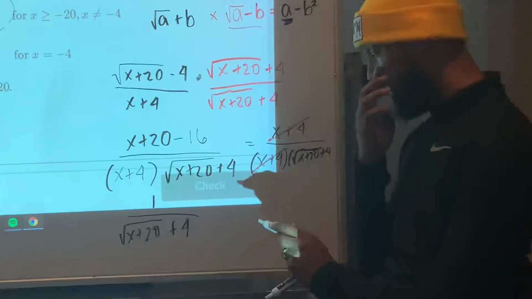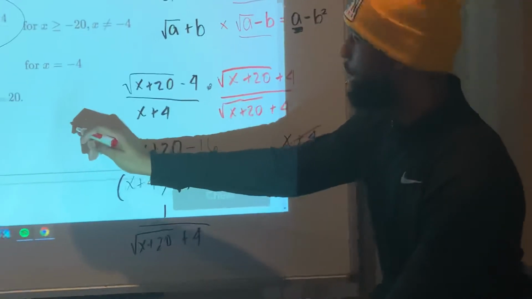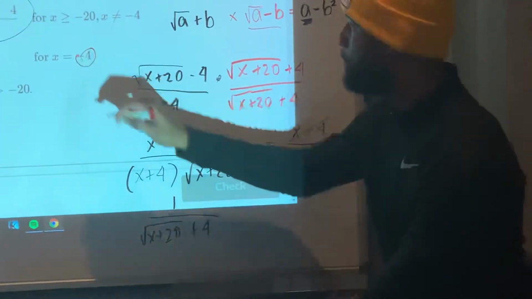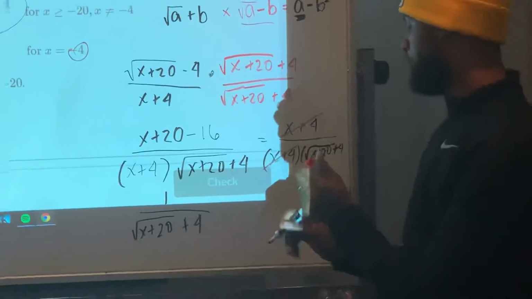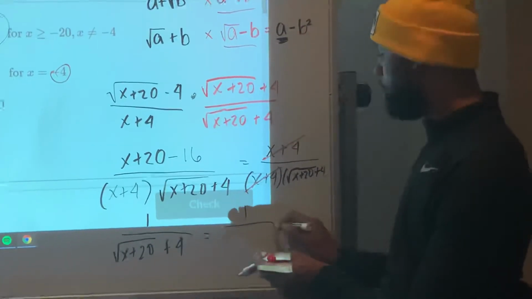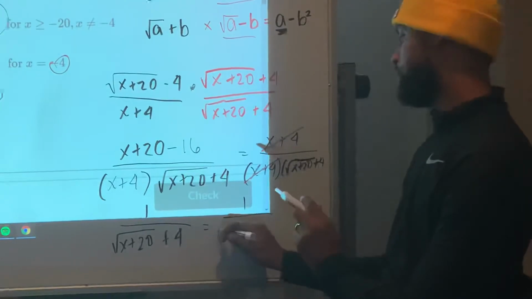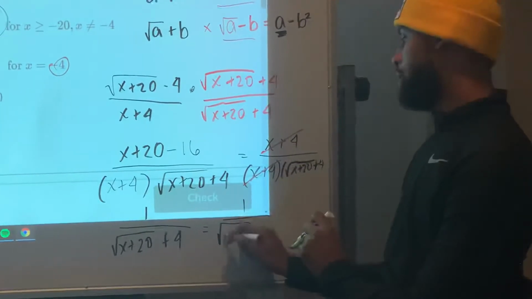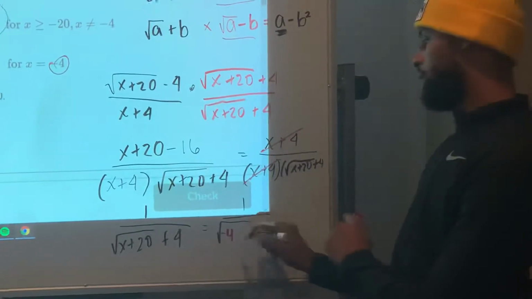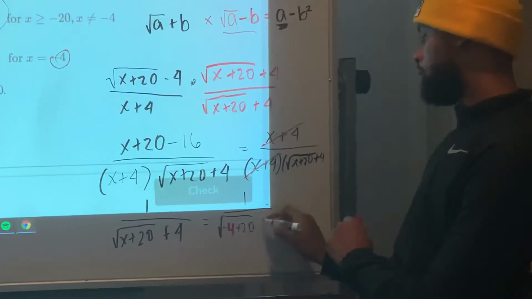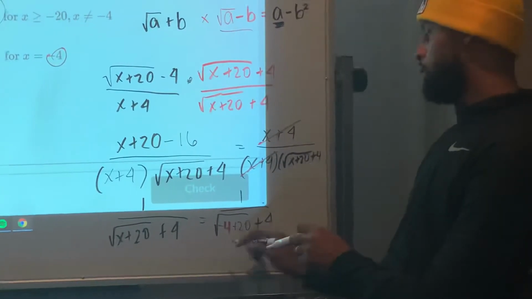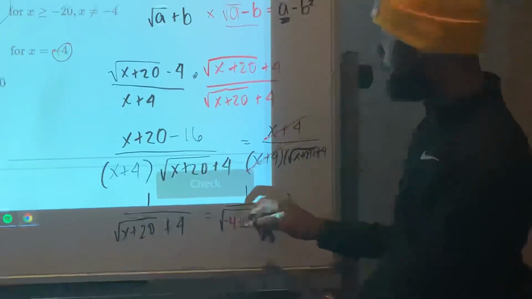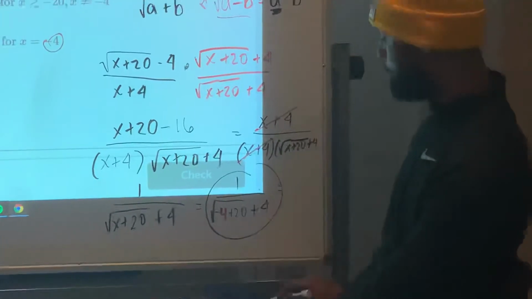Now I can plug in my negative 4. So it's going to be 1 over the square root of negative 4 plus 20, plus 4. I'm running out of space, so I'm going to move it over here.